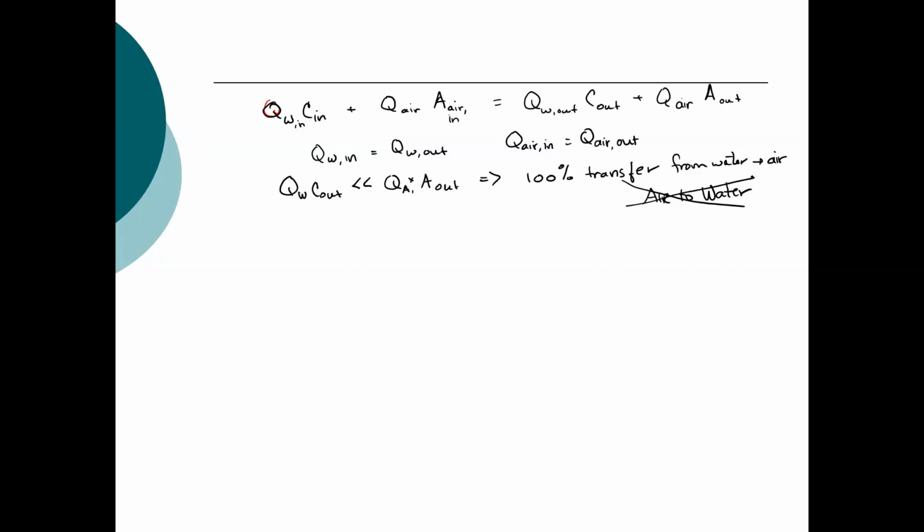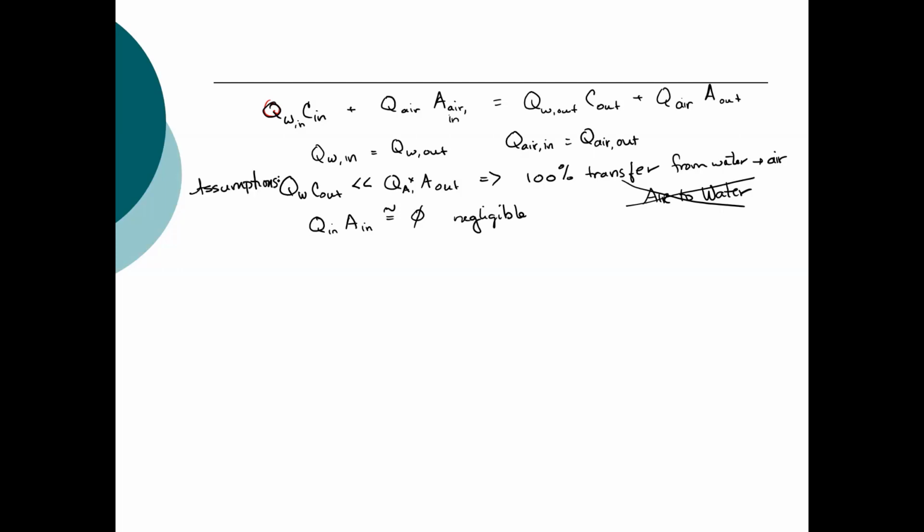We're also going to assume that Q air times C air in is approximately equal to 0. So the mass of whatever chemical we're looking at in the incoming air is negligible.